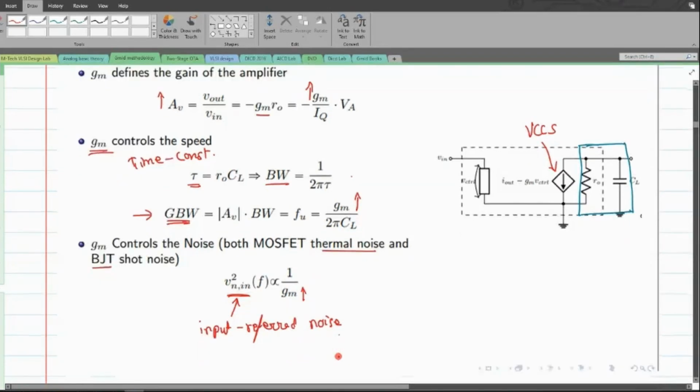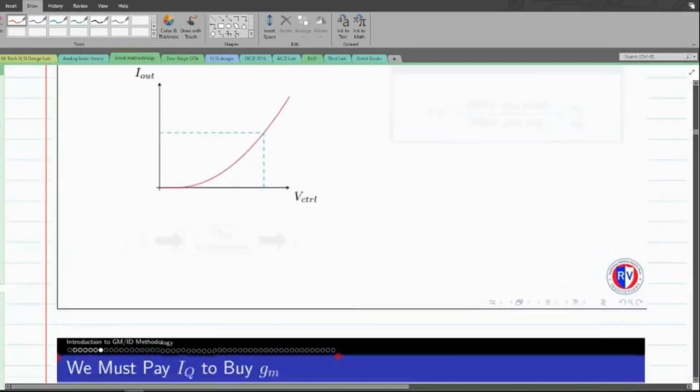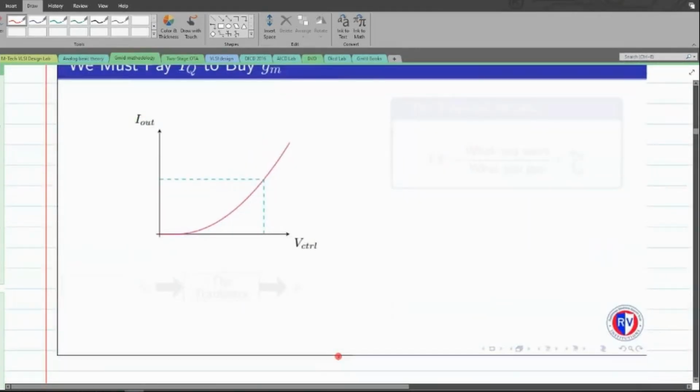Okay, so now we just move to the next one. In this case, we know that it's a plot of the input voltage, which is the V control, and the output current, which is I out. Okay, and the graph that I've plotted is a kind of nonlinear plot.